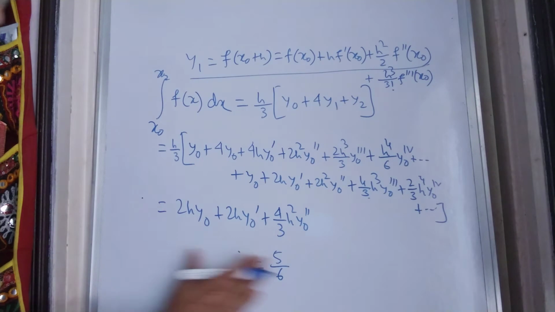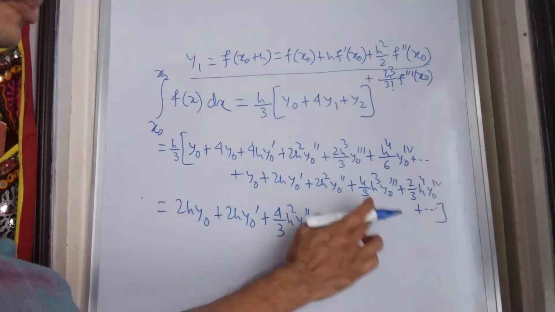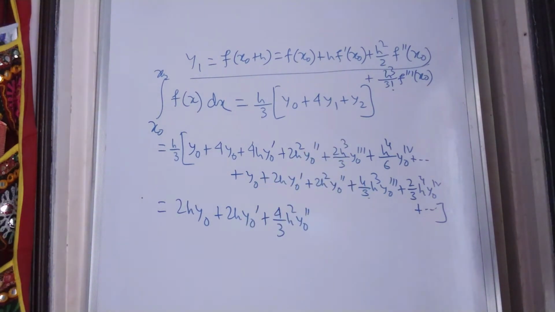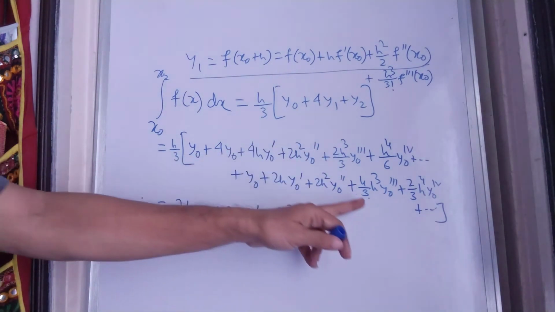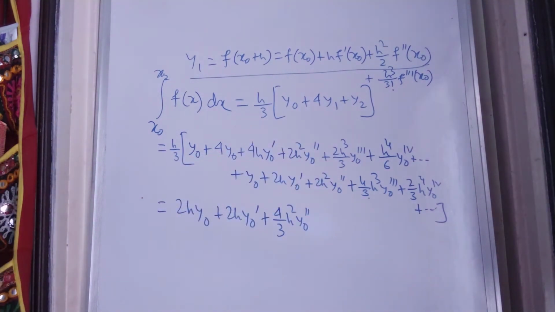Sorry, we are committing a mistake. Here it is h cube. h cube is 2/3 plus 4/3. So 2/3 plus 4/3 is 2h cube.